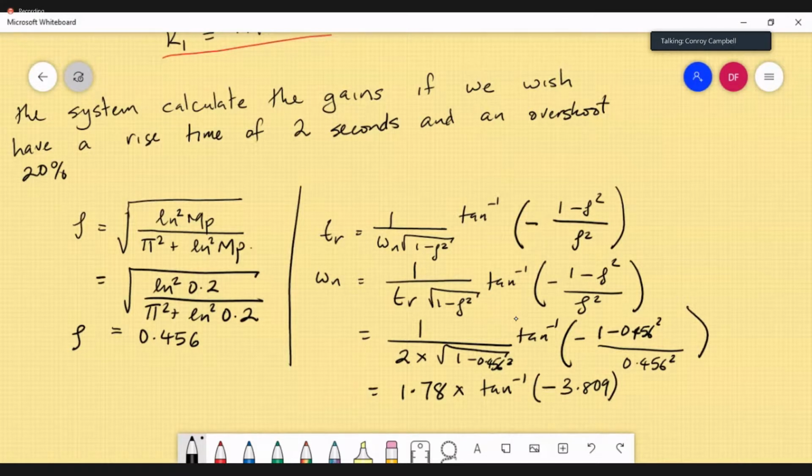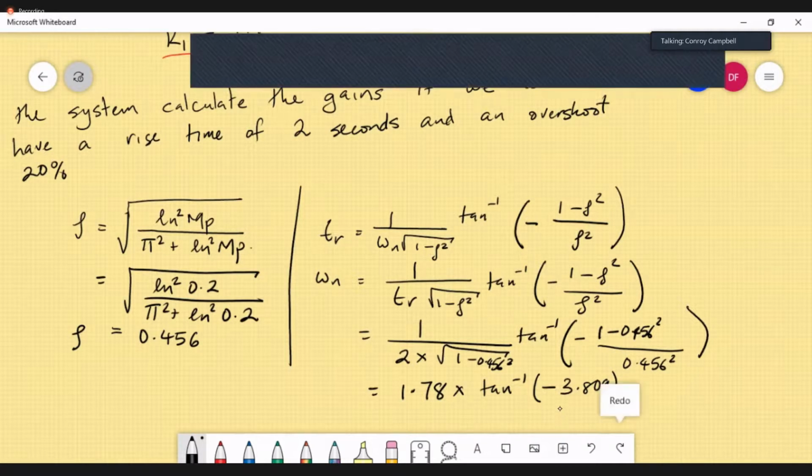The tan inverse is the 1.78. Well, that's just the tan inverse part, but when you multiply by 1.78, it won't be a problem. But tell me what you get for the tan inverse. Negative 1.31.